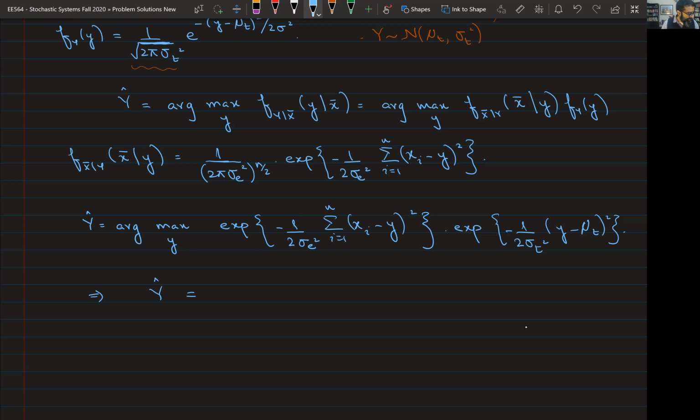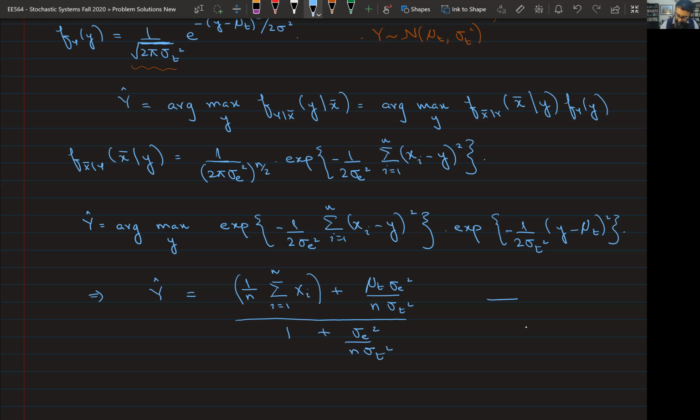And this is given by 1 upon n. So I'm just going to write this expression out. This is i equals 1 to n, x_i, plus mu_t sigma_e squared divided by n sigma_t squared, divided by 1 plus sigma_e squared divided by n sigma_t squared.